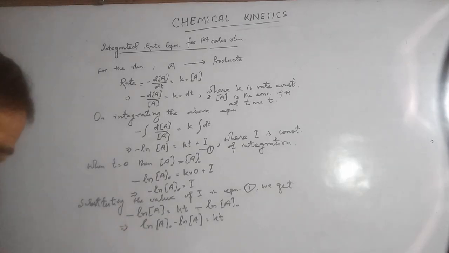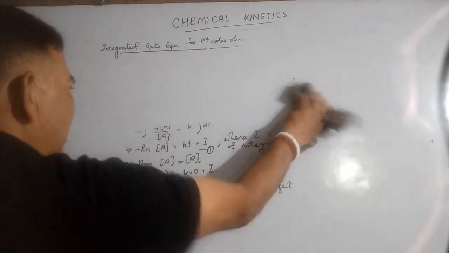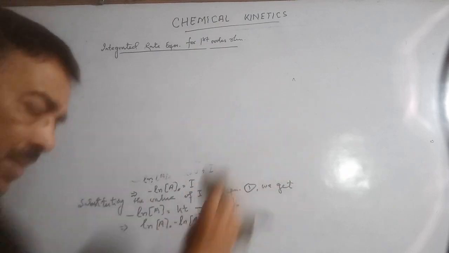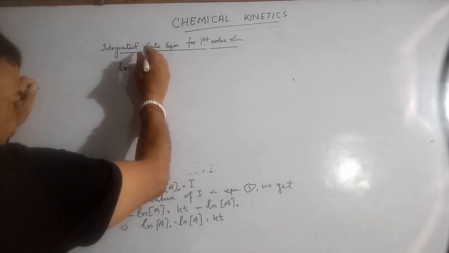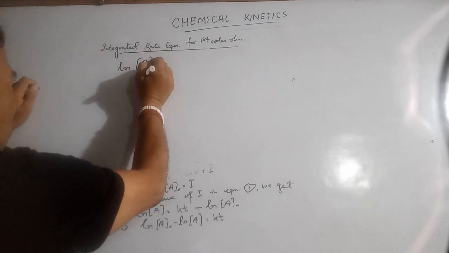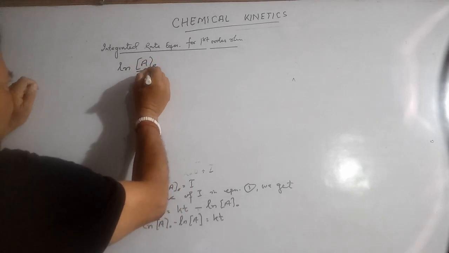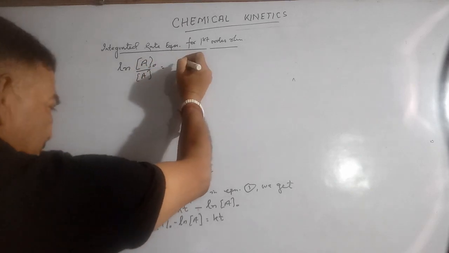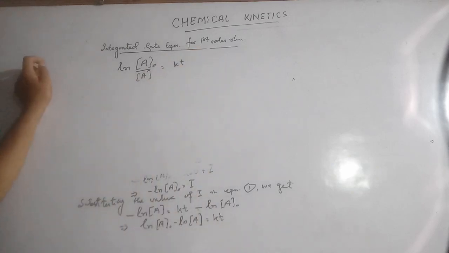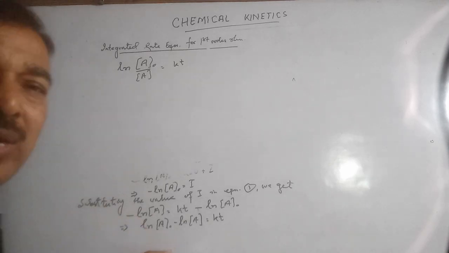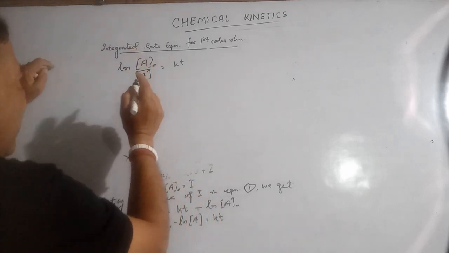Then natural log [A]0 by [A] is equal to kt. Since log a minus log b is equal to log a by b, it is written like this.